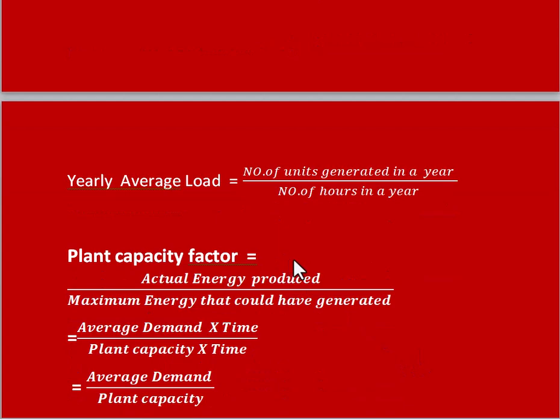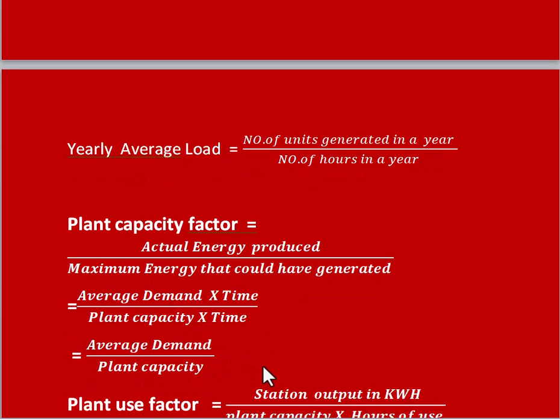Similarly, another factor is called the plant capacity factor. It is nothing but the ratio of actual energy produced divided by the maximum energy that could have been generated. It can also be written like this: average demand into time divided by plant capacity into time.